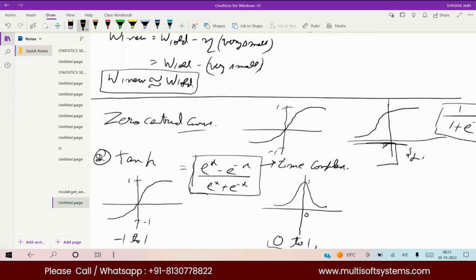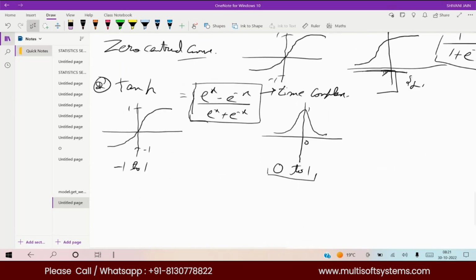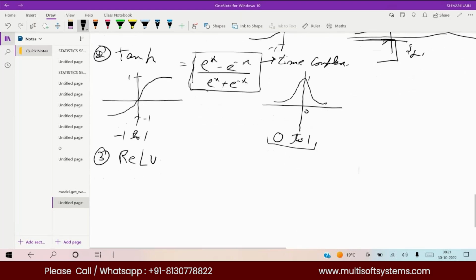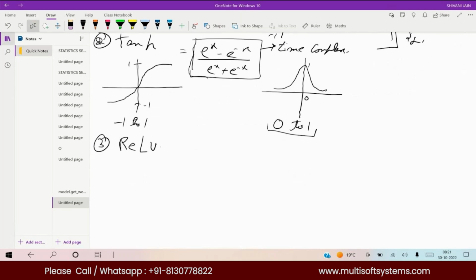So to overcome these problems, they came up with another activation function, which is ReLU, very important. In real time, you will be using ReLU very frequently, right? The full form is rectified linear unit.